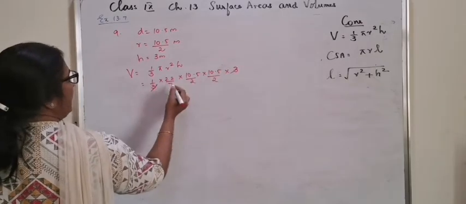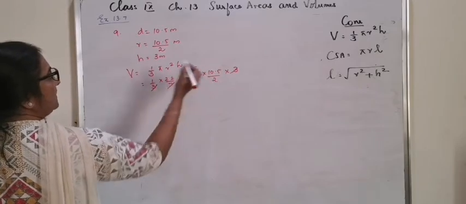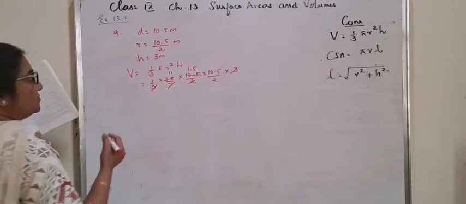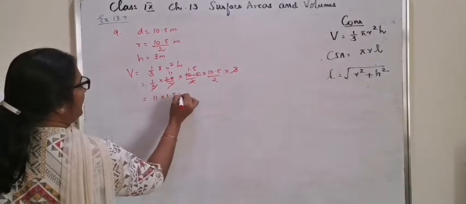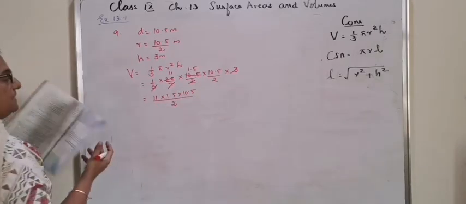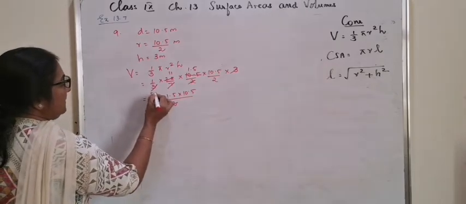3 and 3 get cancelled. 7 and 10.5 gives 1.5. 2 and 22 is 11. So what is the final answer? 11 into 1.5 into 10.5 by 2. The multiplication is, this also we can take as 5.5.